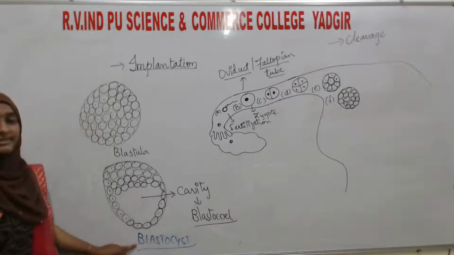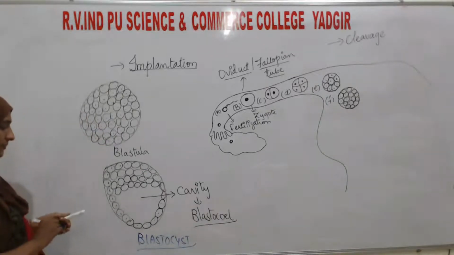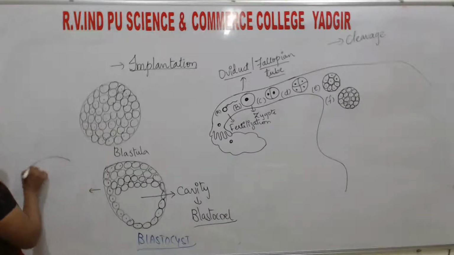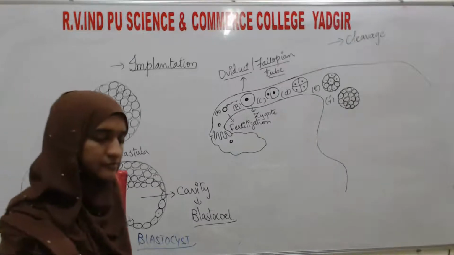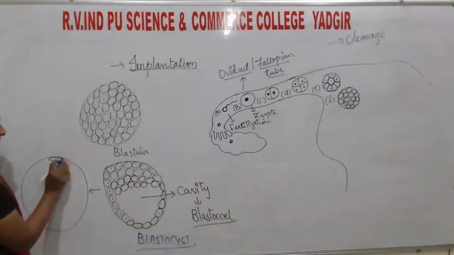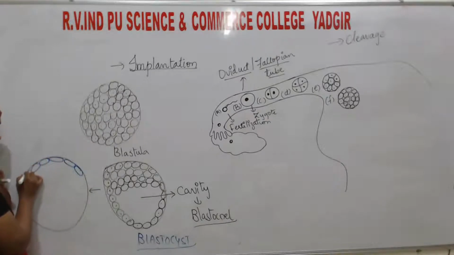What is it? This is the blastocyst. Next, after the blastocyst, the cells which are present surrounding this blastocyst will become flattened.